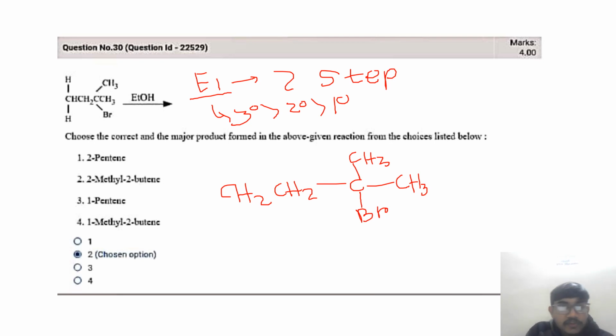But we will focus on this question. So this Br group will be removed and it will form a carbocation. It's not having space, so I will mention it here. Here will form a carbocation, which is a 3-degree carbocation.